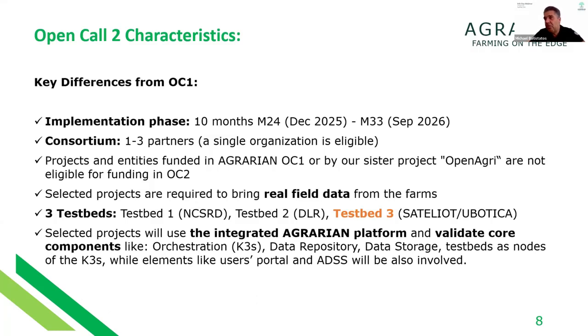And as I said before, the target of this open call is to validate the whole Agrarian platform, because the previous open call validated independent components of the platform, but now the platform will work as a unified platform, and you will be integrated in this platform.